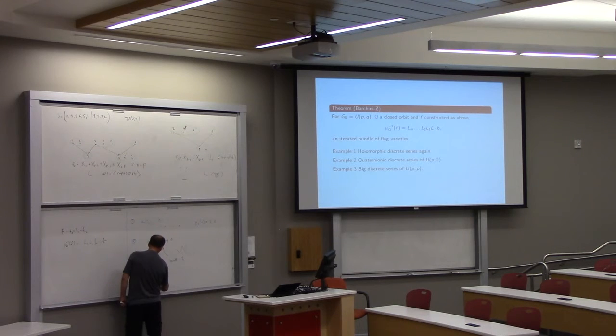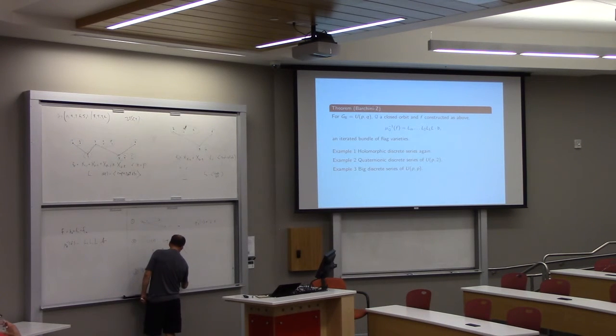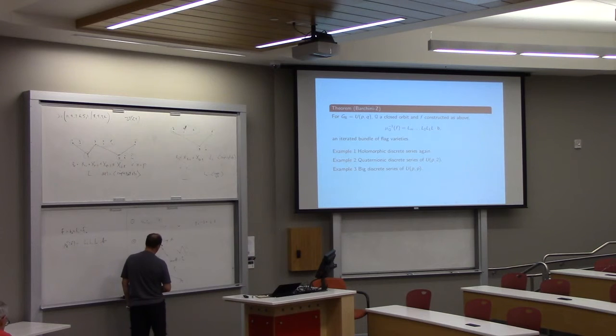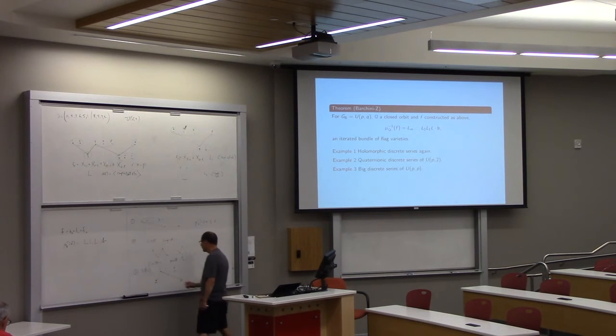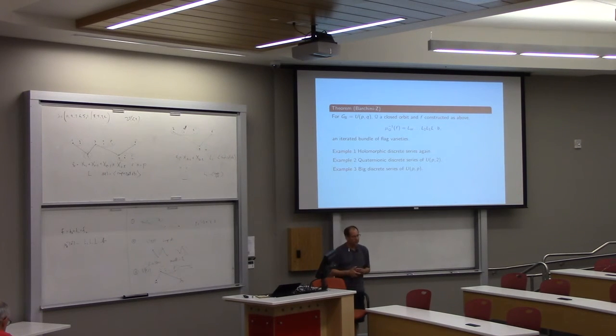You have the p plus 1 root here, p plus 2 root here, 1, 2, over p here, so you have that, and that's it. And that gives the L. It's a flag variety and tells you exactly what the multiplicity is.